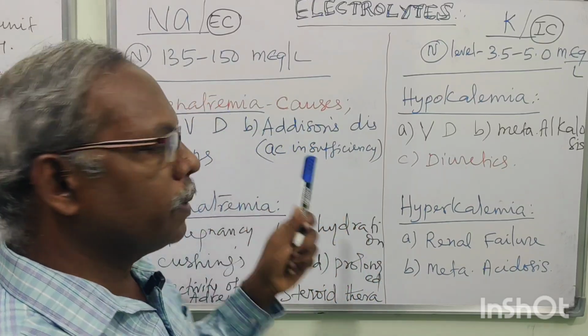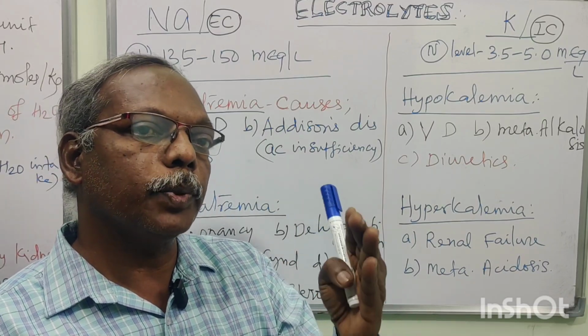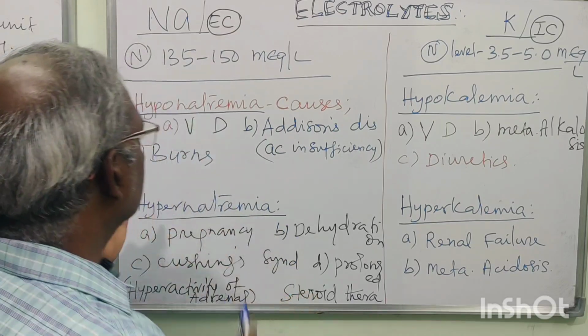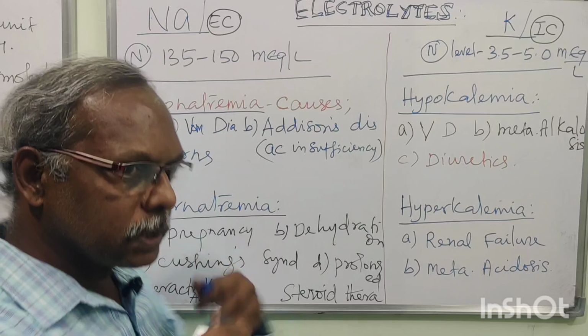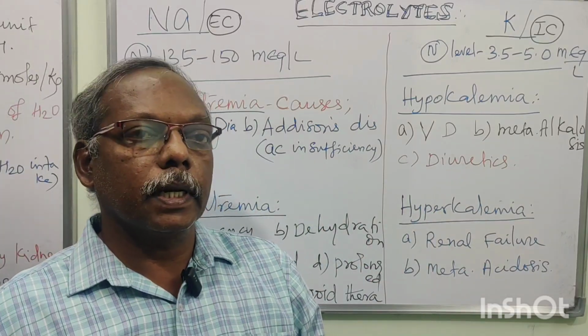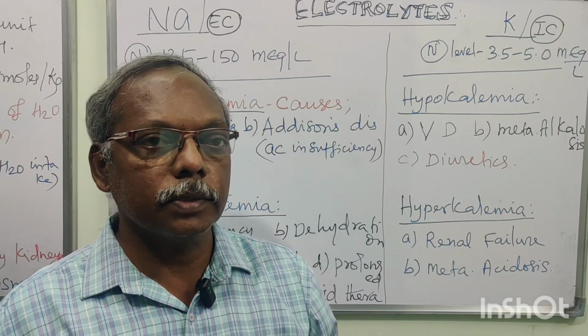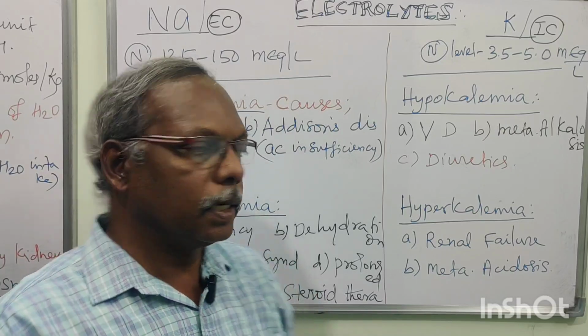So hyponatremia, when will you get the diseases or conditions for hyponatremia, right? VD means vomiting and diarrhea. Because of the expulsion of the content of the GIT, they will go for hyponatremia. Sodium electrolytes will be lost in the gastric secretion through vomiting and diarrhea, right?